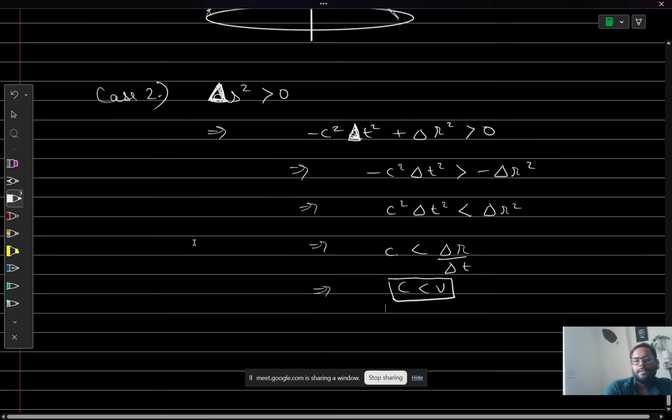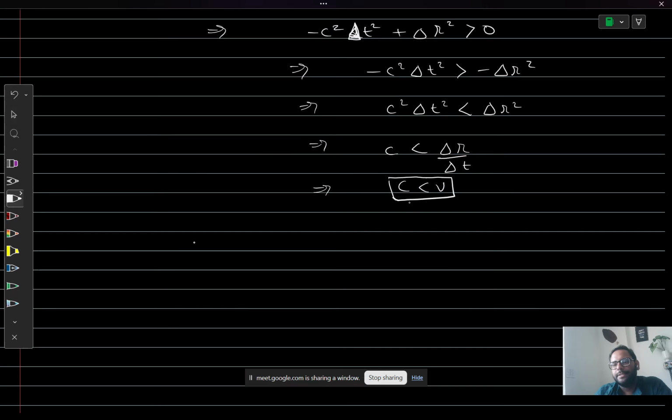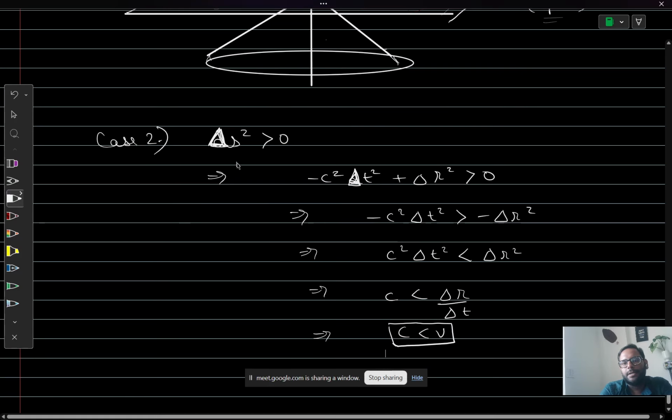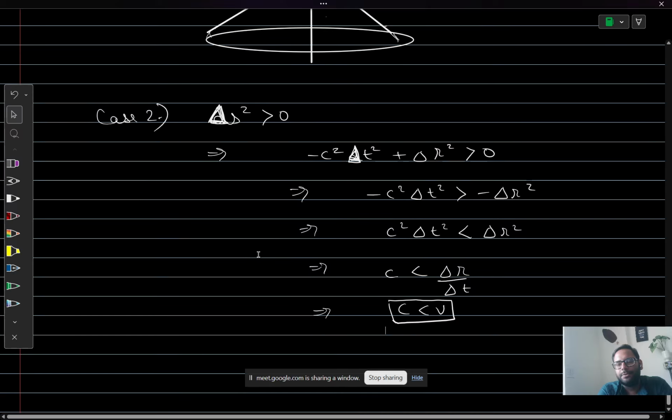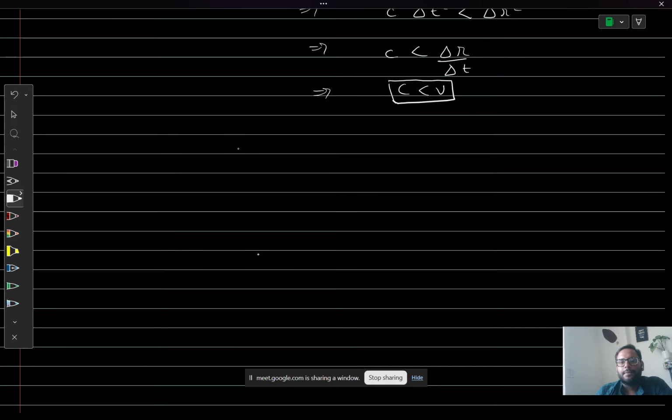When an object travels with speeds greater than the speed of light, the interval should be greater than c. Speeds of objects are greater than the speed of light.